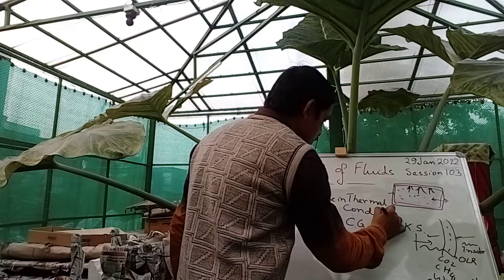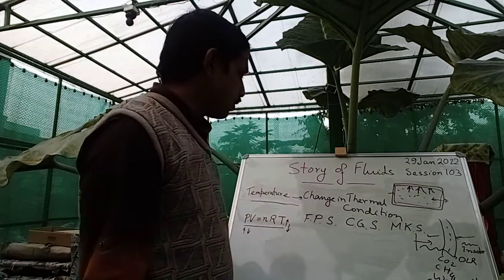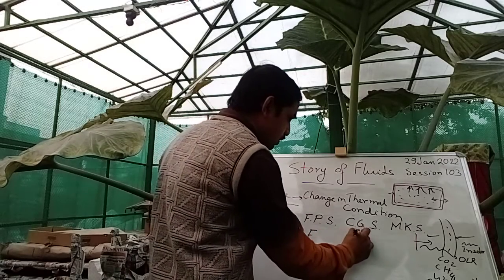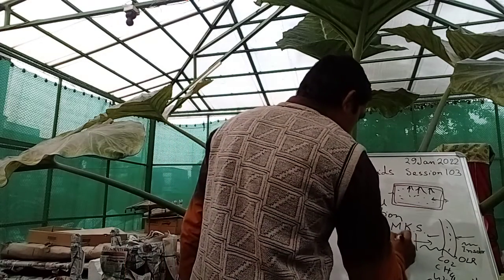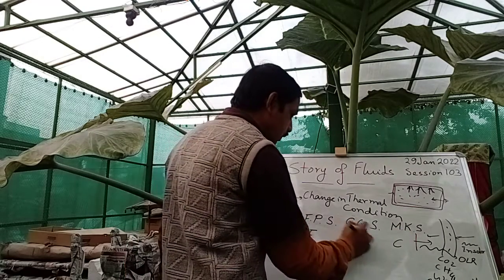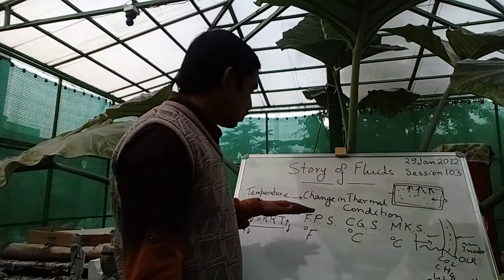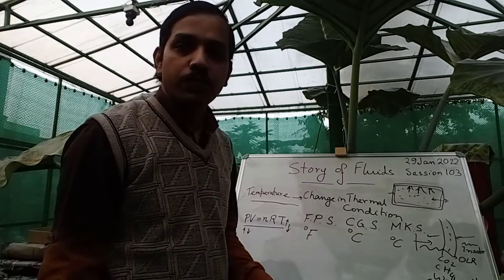That's how we can measure the temperature. So for FPS, generally we use Fahrenheit, for CGS the centigrade, and also for MKS it is mostly the centigrade. To measure the temperature, we generally use some probes.